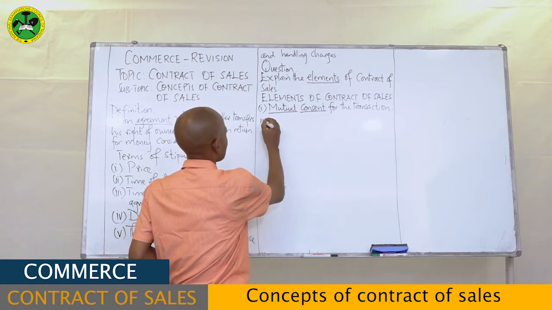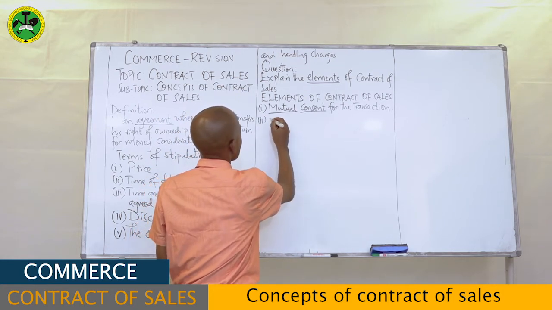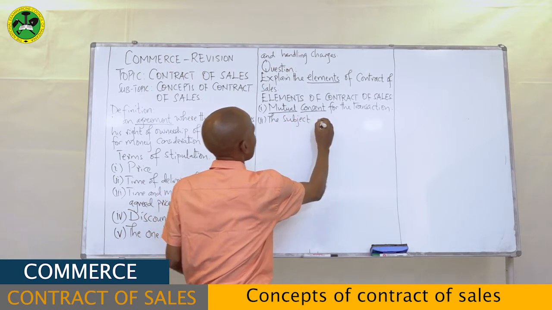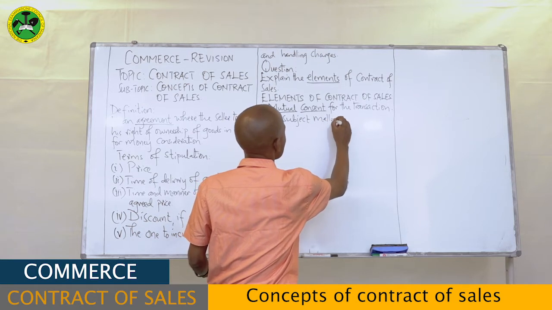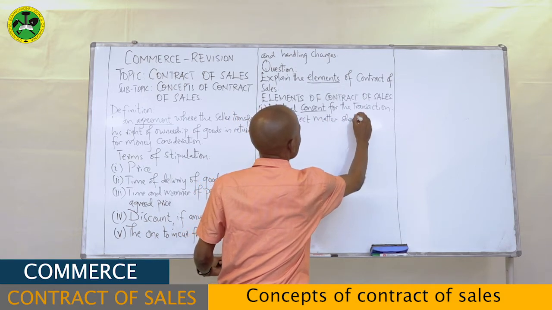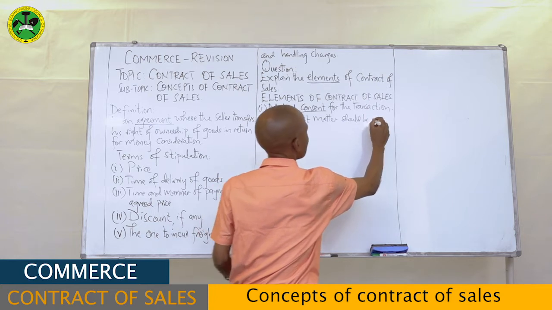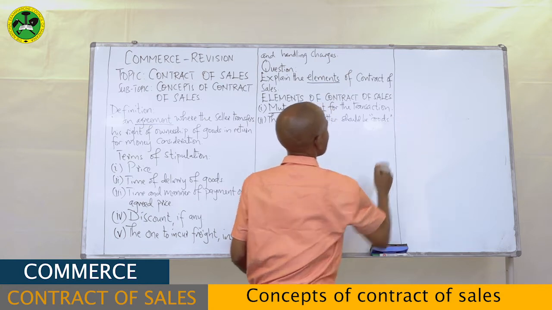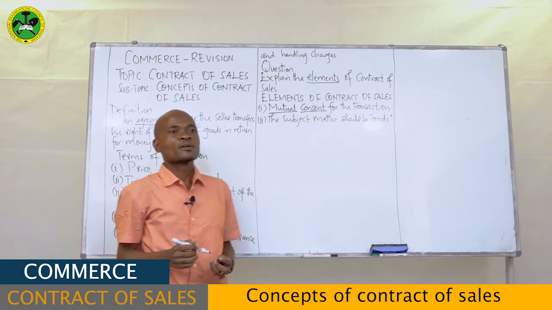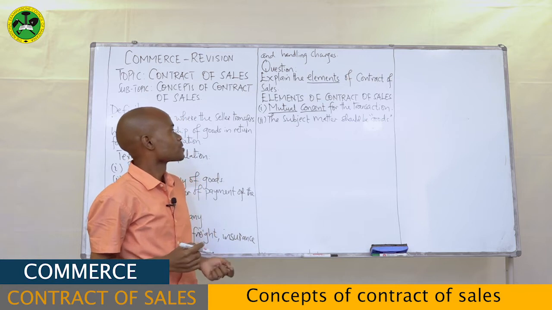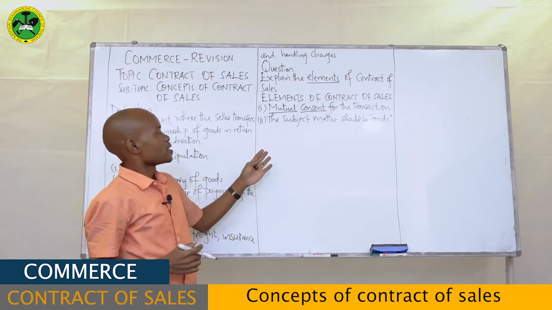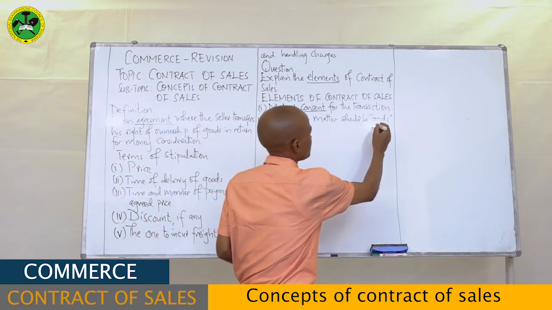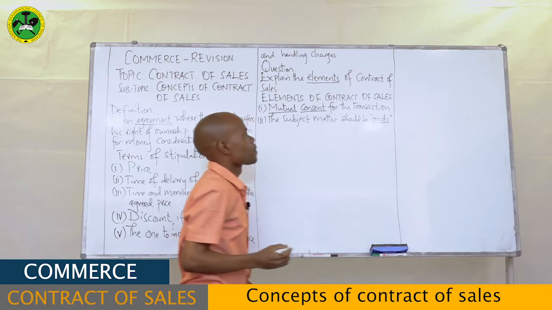Another element: the subject matter should be goods. As one of the elements of contract of sales, the main discussion is about goods.